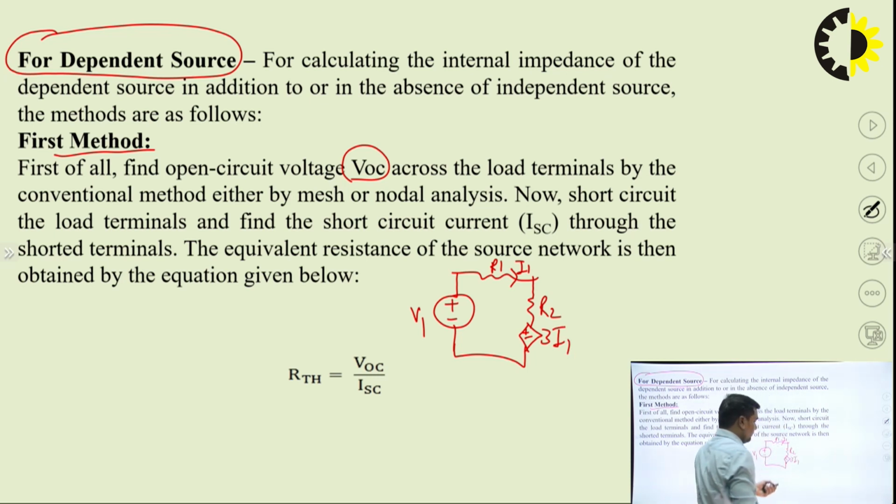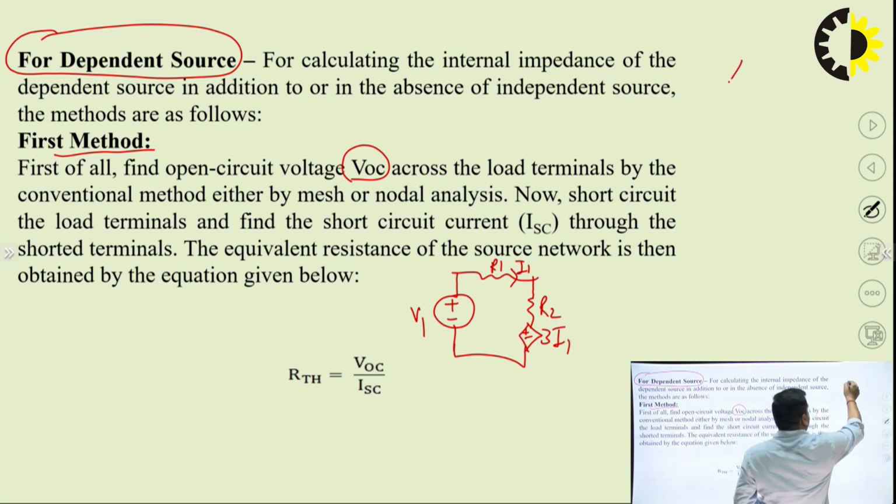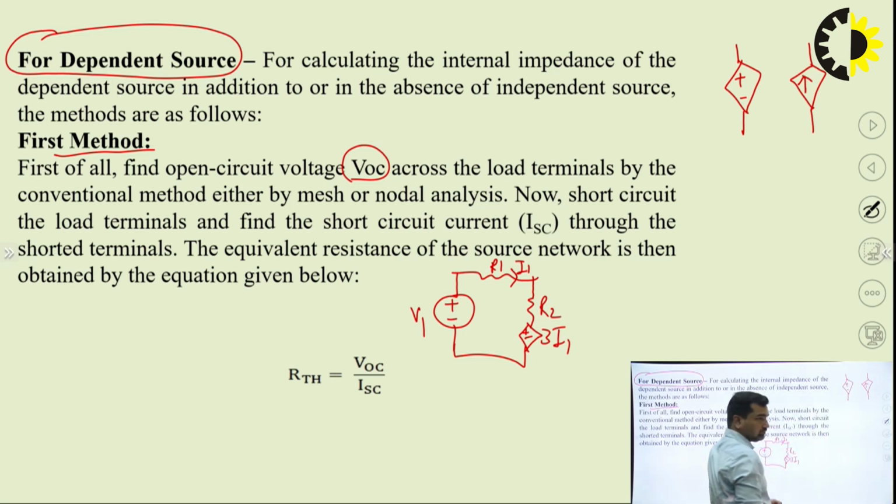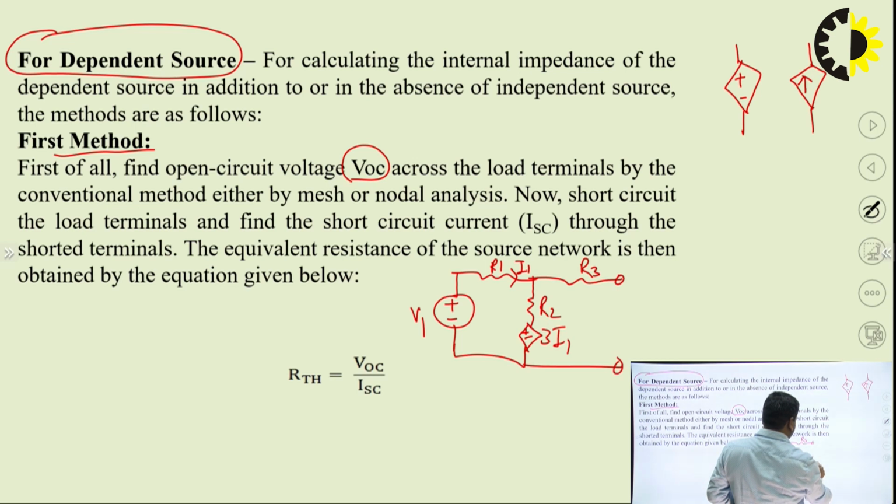This is the symbol of a dependent source, diamond shape with plus minus, a dependent voltage source, and this one is a dependent current source. Let's have resistance R3, and here is the load resistance RL. In this case, first we have to open circuit the load terminal AB.